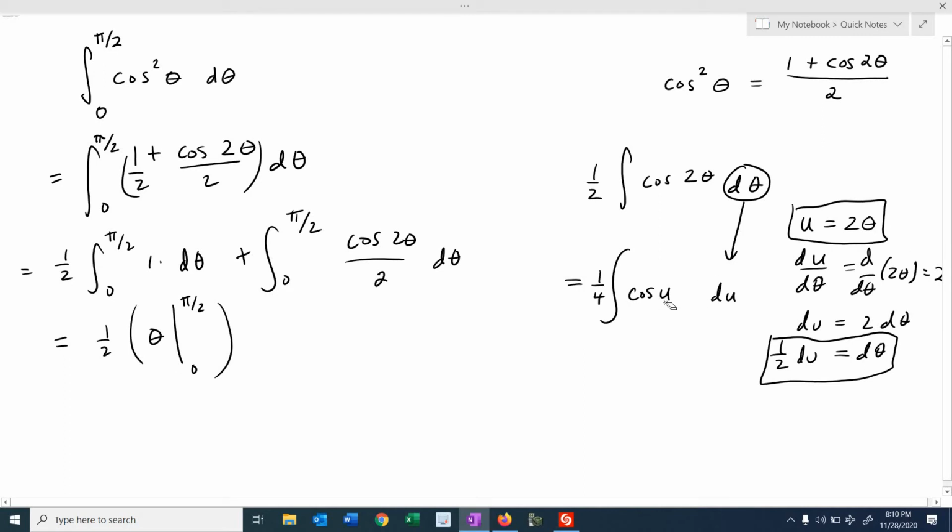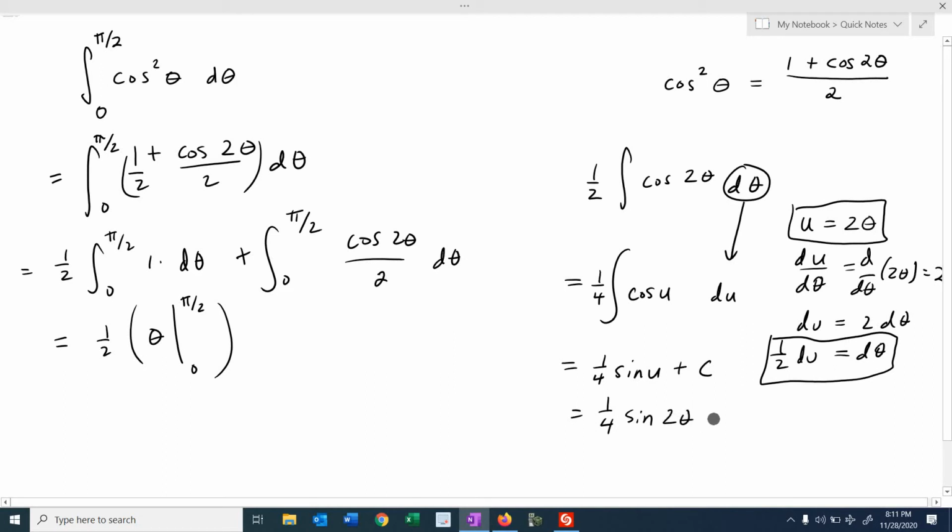Now the antiderivative of cosine of u. Remember, the derivative of sine of u is cosine of u. So the antiderivative of cosine of u should be sine of u, plus some constant. And then we can replace the u with 2 theta. So it's 1/4 sine of 2 theta.